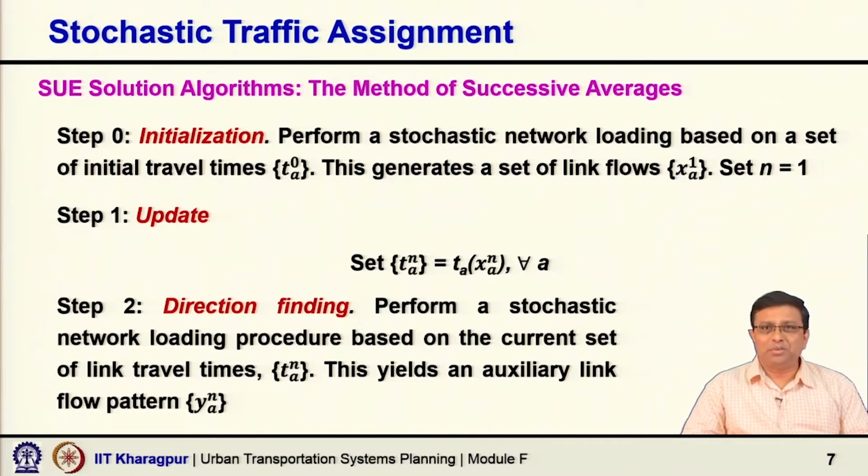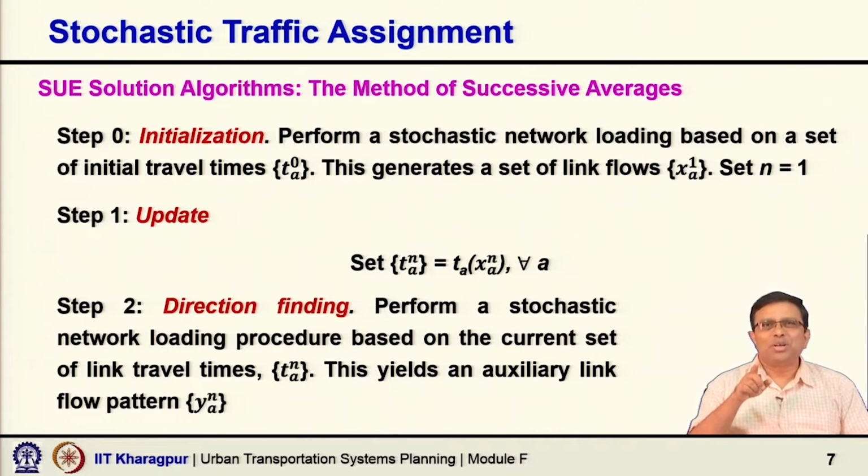Then we have to update. You remember that every time we update the link cost, we assign the flow again, and there we did deterministic assignment. So, that means whatever is the shortest path, along the new shortest path we loaded. Entire flow was loaded along the shortest path to get the auxiliary link flow pattern. But here the only difference is we shall again do a stochastic network loading.